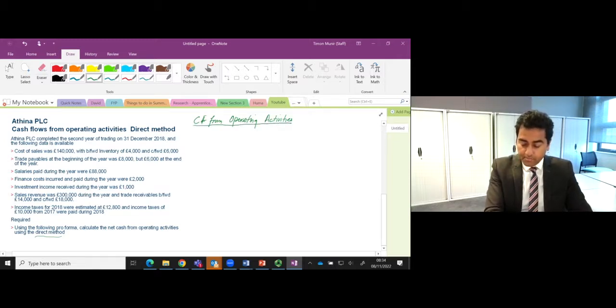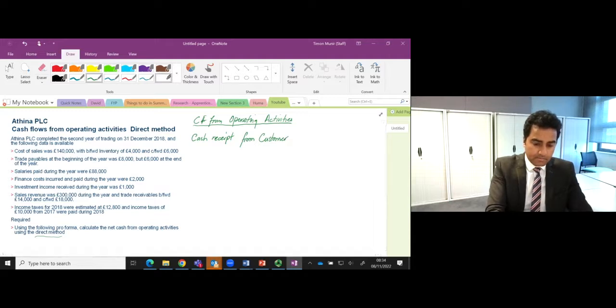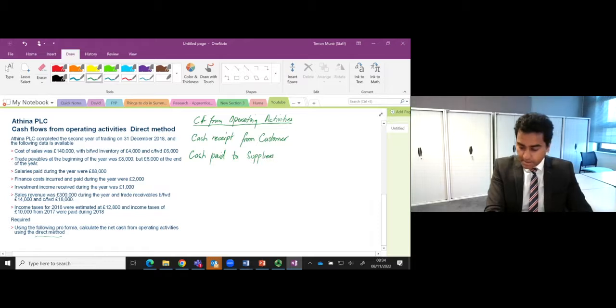Cash receipt from the customer, next is cash paid to suppliers, next is cash paid to employees.